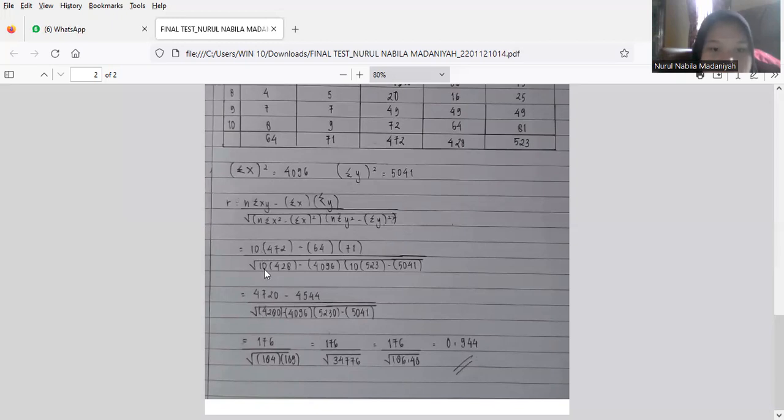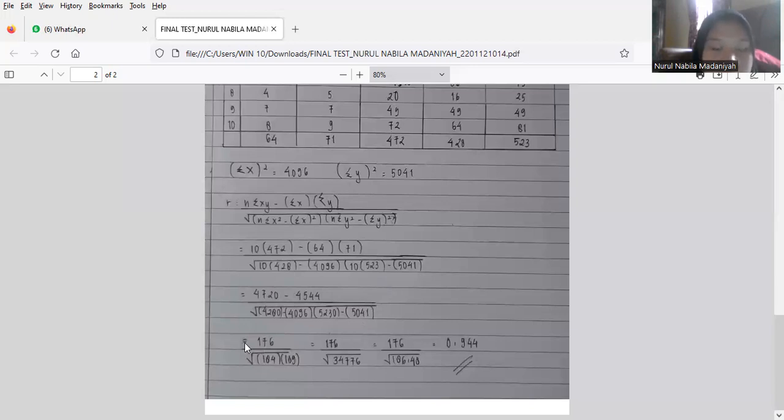And then 4218 I get from this, I have times it, and then minus 4096, and then I get 5230, I times with 10, and minus 5041 from this.